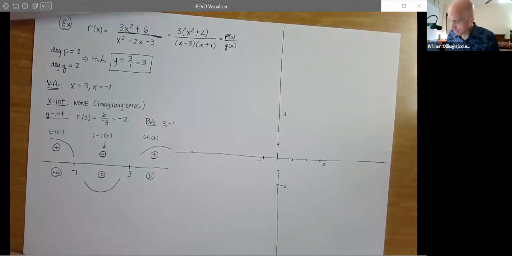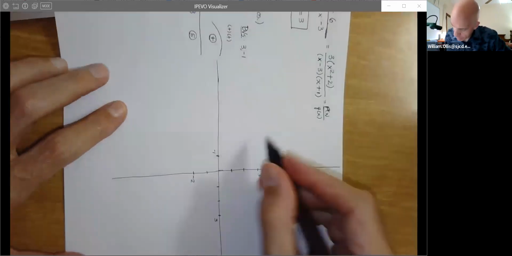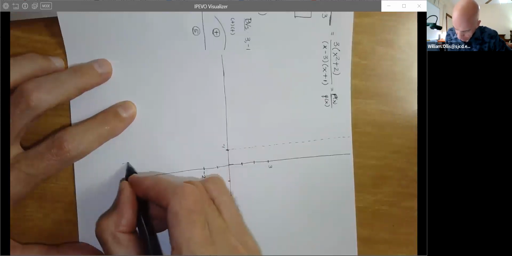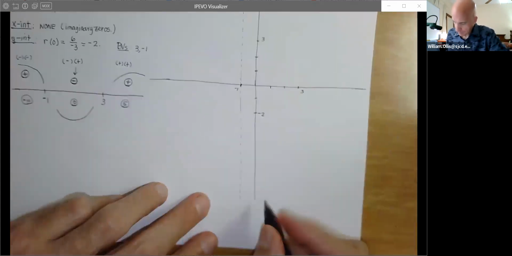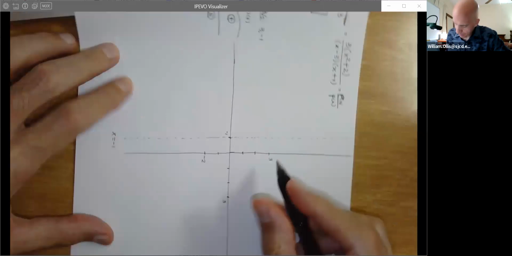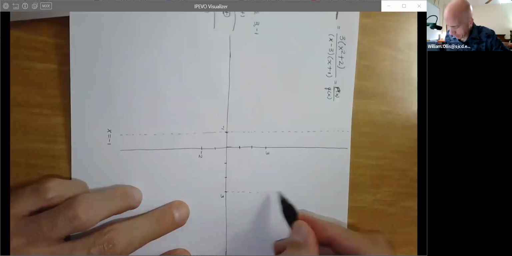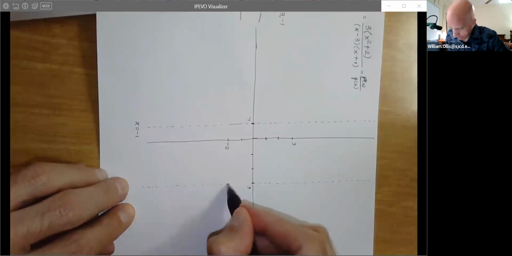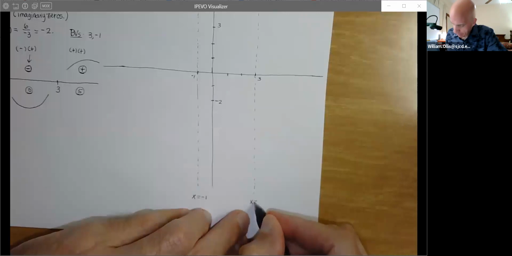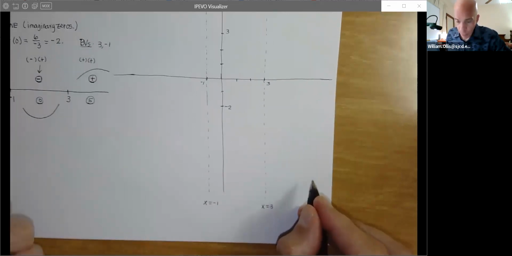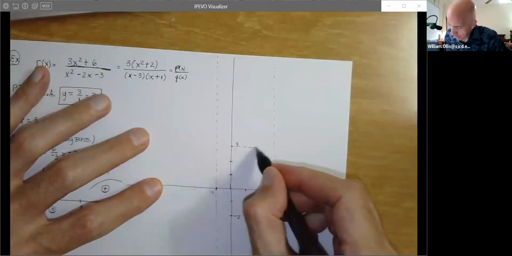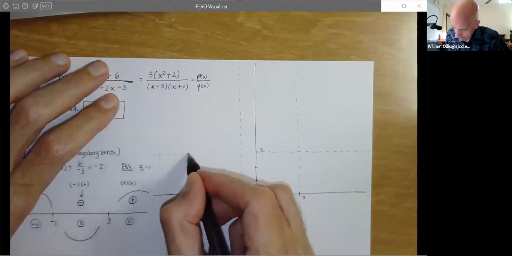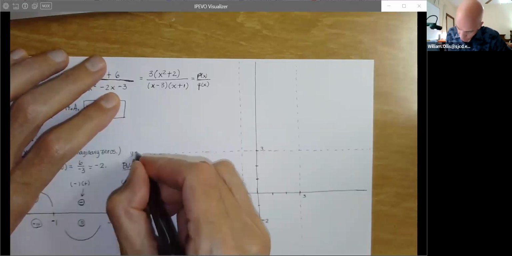Then we can go ahead and sketch in the vertical asymptotes, at -1 and 3. And then we have y equals 3.